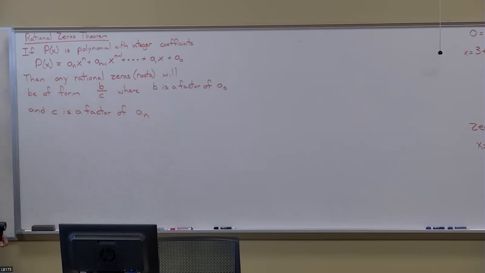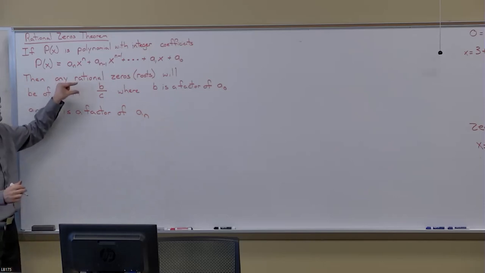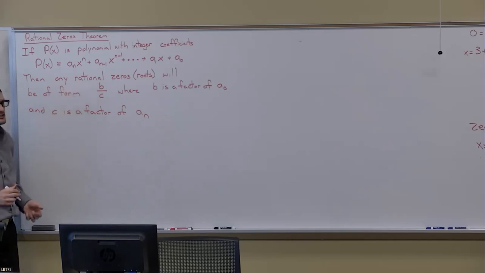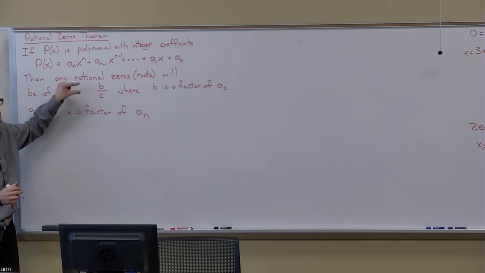So what this tells me is this gives me a place to look for my rational zeros. If I have rational zeros, there's only a few numbers they could be, a finite amount.